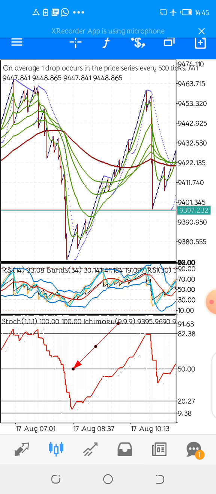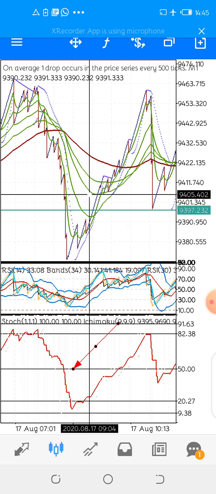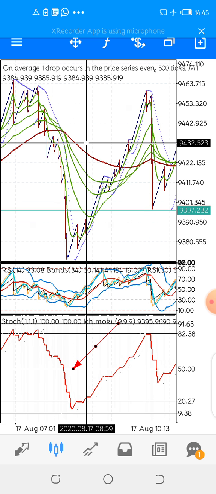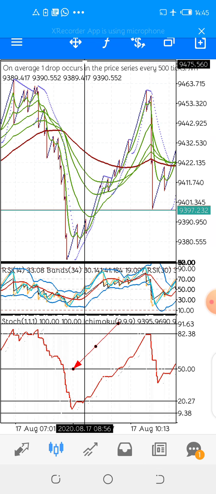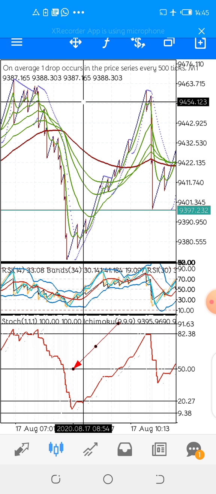If at that time our 300, which is this, was below us, you would find this arrow would have spiked up to 50 and used 300 as support and started going up again.